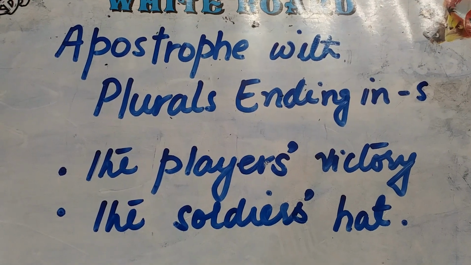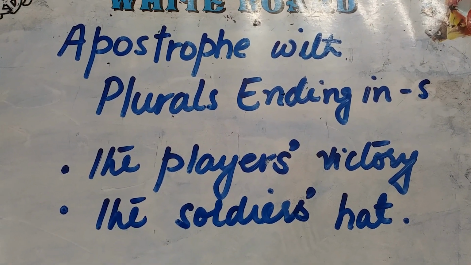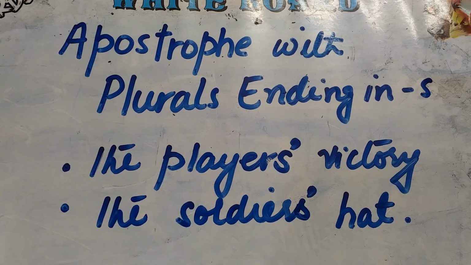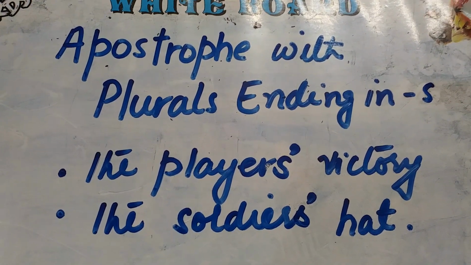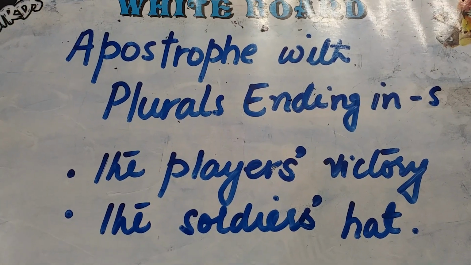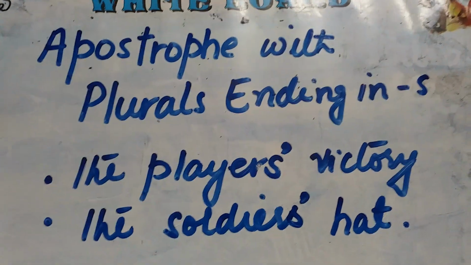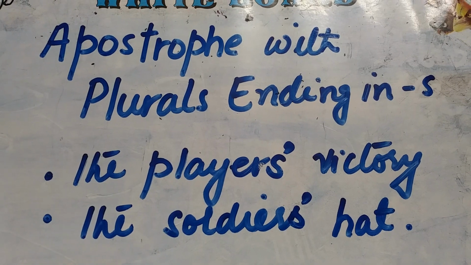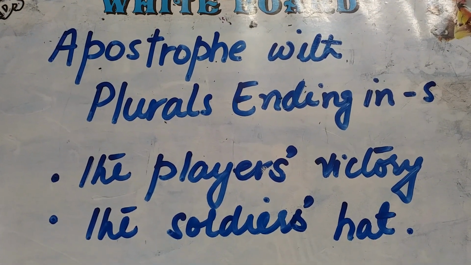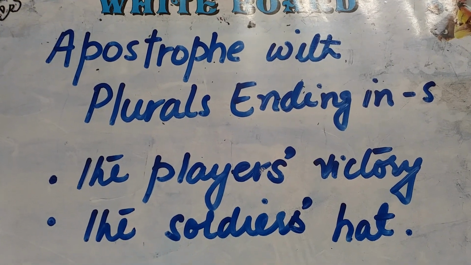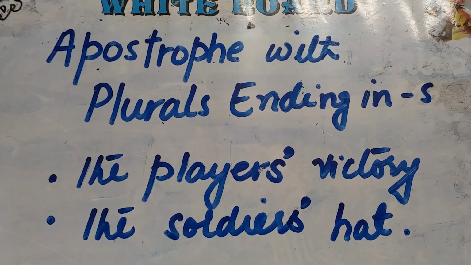So that was all for the day, girls, and you have an activity, which is to write down some examples for both usages of the apostrophe: to show the omission of a letter or more letters, and to show the possession of somebody over something.